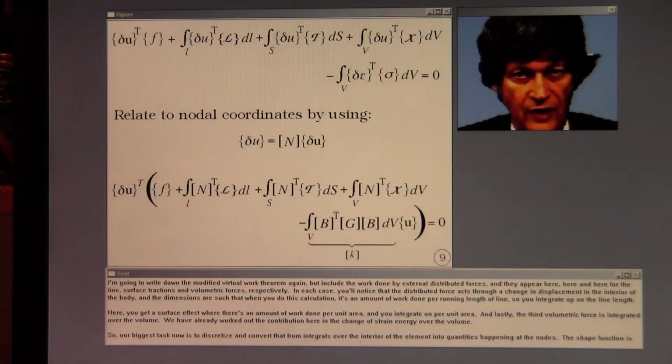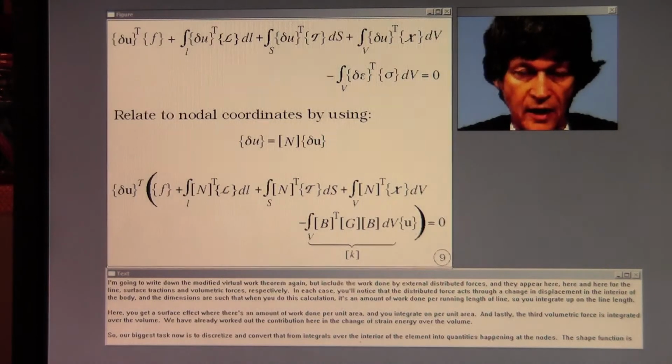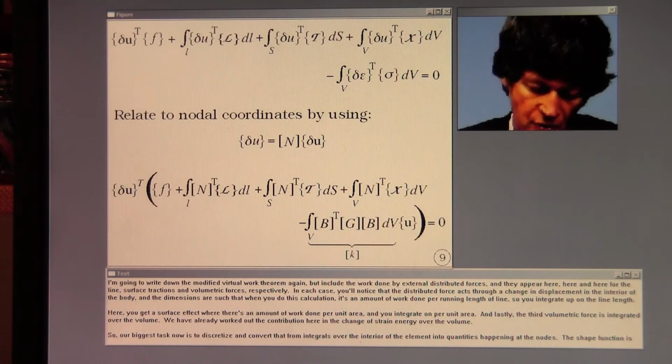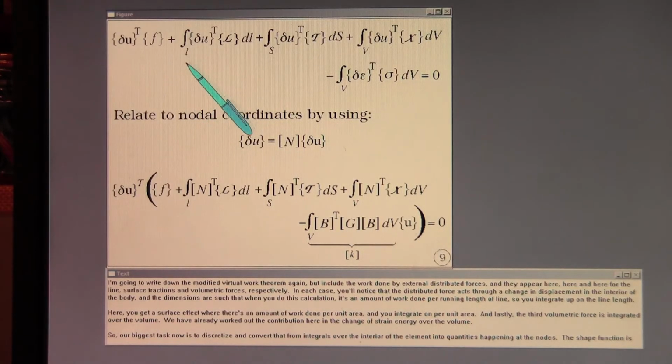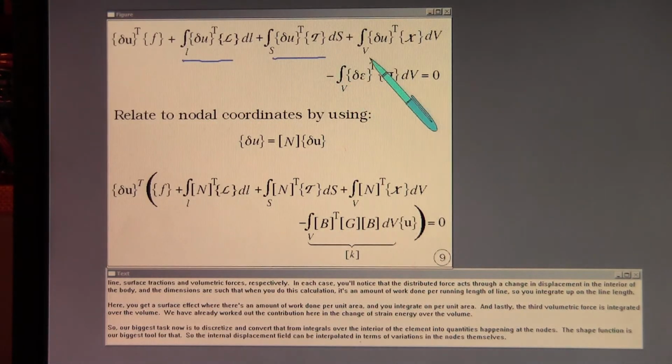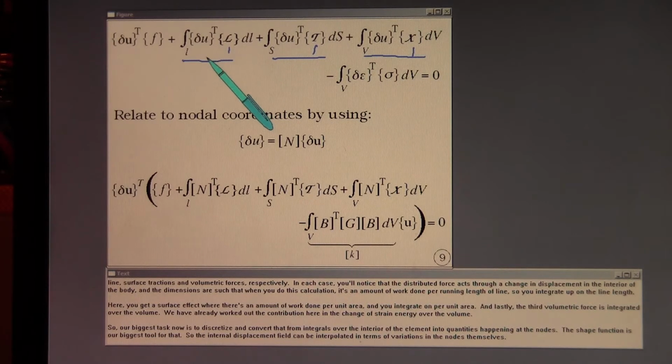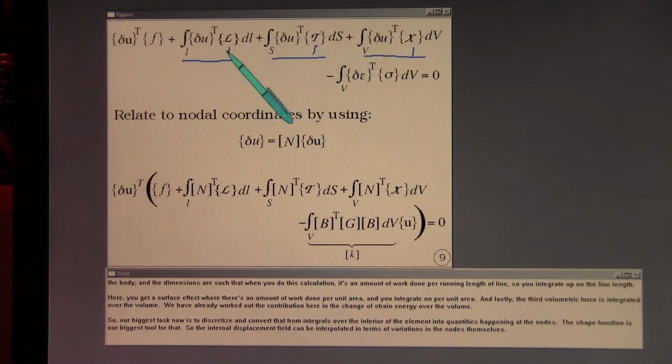I'm going to write down the modified virtual work theorem again, but include the work done by external distributed forces. And they appear here, here, and here for the line, surface tractions, and volumetric forces, respectively. In each case, you'll notice that the distributed force acts through a change in displacement in the interior of the body.